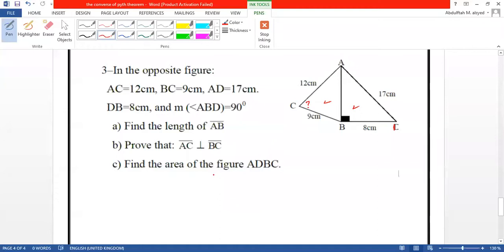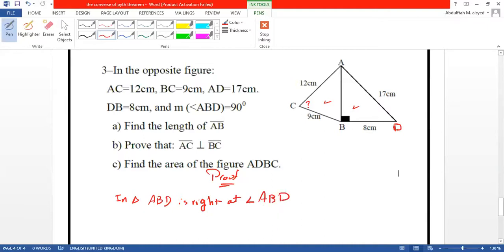Okay, no problem. So in the proof, we will start with the first triangle. We want to find AB. So in the triangle ABD, this triangle is right at the angle ABD.